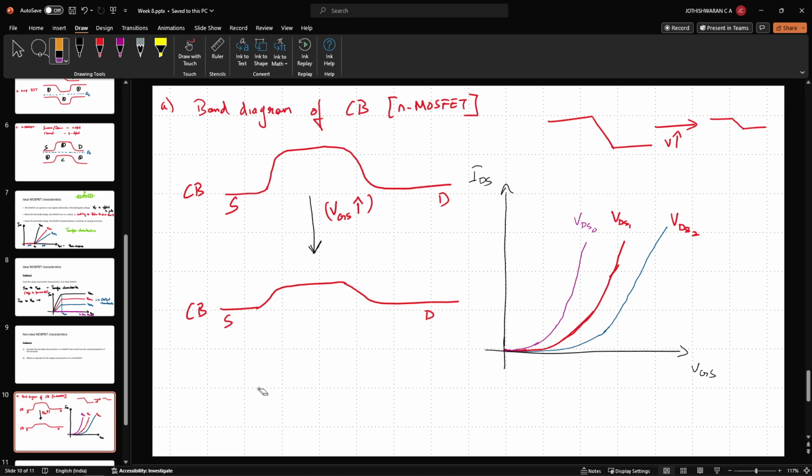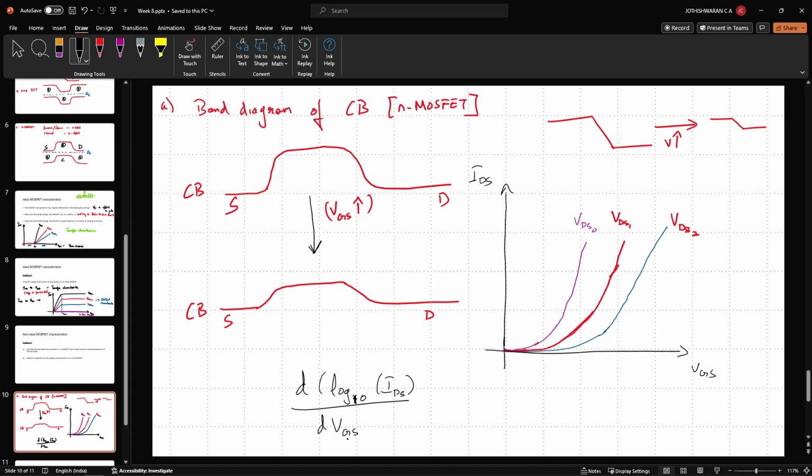Okay, so if I want the current to change by orders of magnitude, then what I shall do is take the derivative of log to the base 10, not 2, 10, of IDS by dVGS.